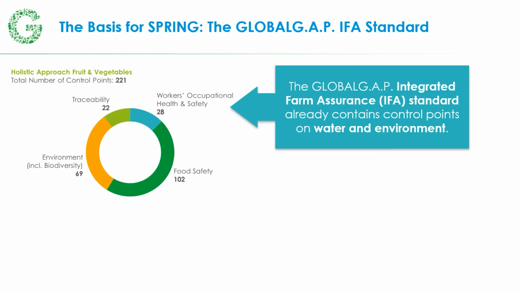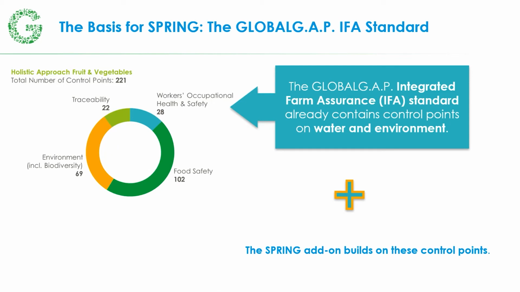All the requirements of environment are the base of SPRING. We receive a lot of times the question of whether the producer can do SPRING without IFA or without crop for processing. No. If the producer does not have GLOBALG.A.P., they cannot ask for SPRING because it's an add-on.